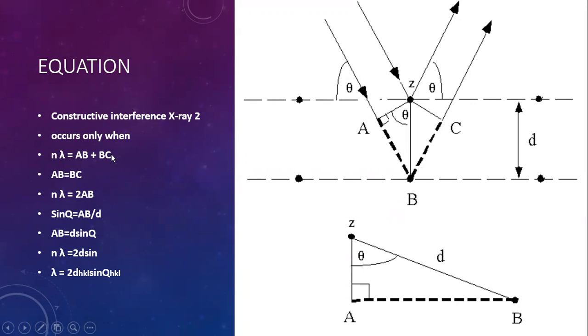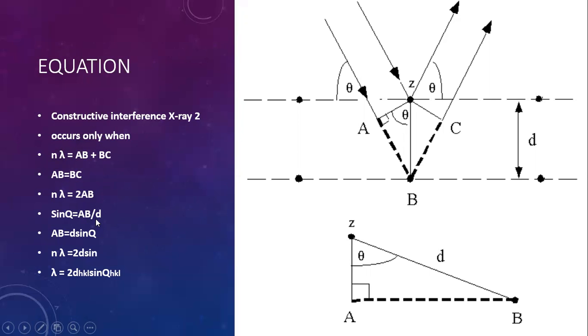As we said earlier, AB is equal to BC, as the ray of incidence is equal to the ray of scatter. So after deriving the equation, we find that n lambda is equal to 2AB. Sine theta is equal to AB over d.